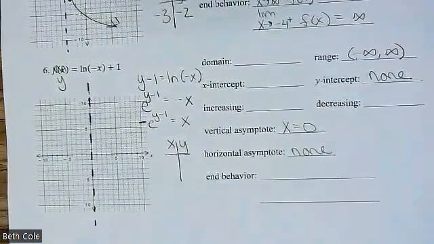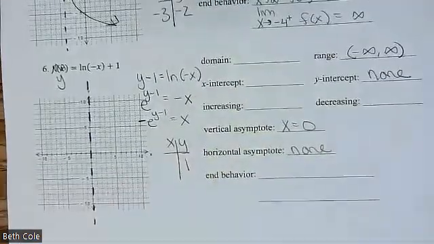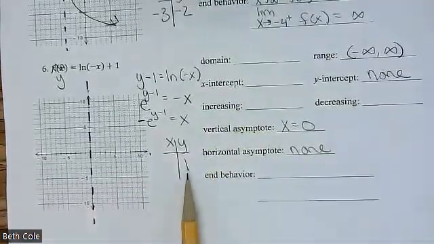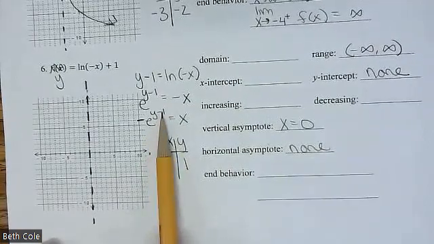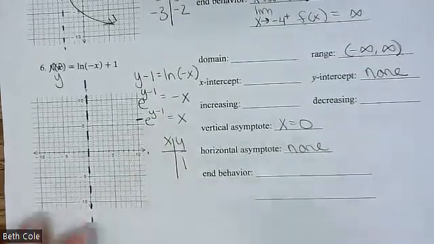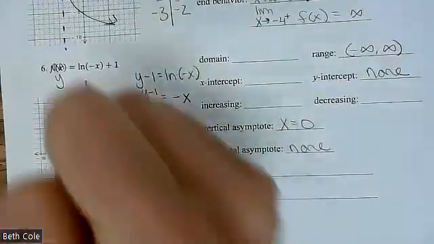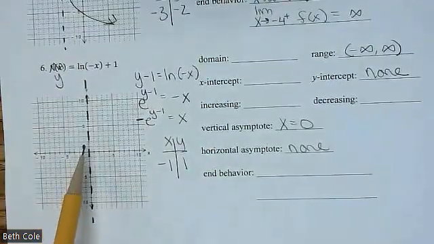But you have to be clever about what number you plug in for y. There's only one number that's going to work. 1. Here we go. 1 minus 1 is 0. e to the 0 is 1, but it's negative 1. So when you plot that, you will notice, oh my gosh, it's where?